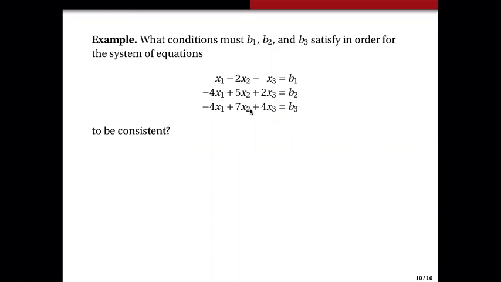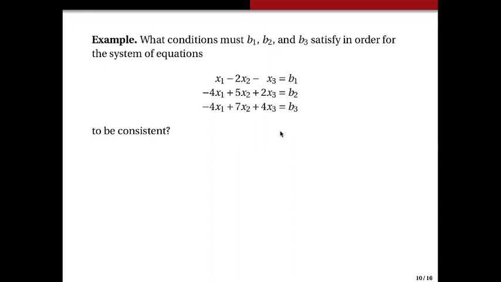However, if this matrix of coefficients is not invertible, then there's a possibility that the system has no solution. The right-hand side here, these are some numbers. So we will try to find conditions on this right-hand side so that we will have a solution for this system.